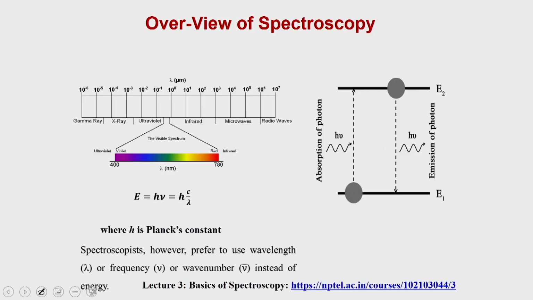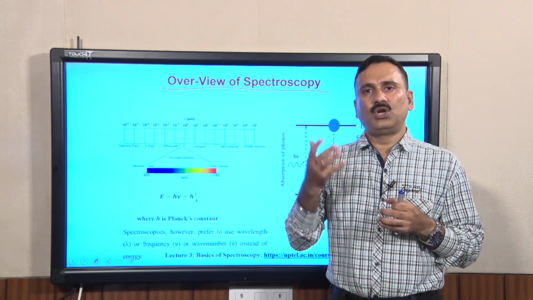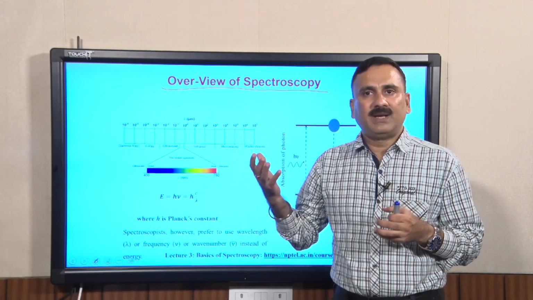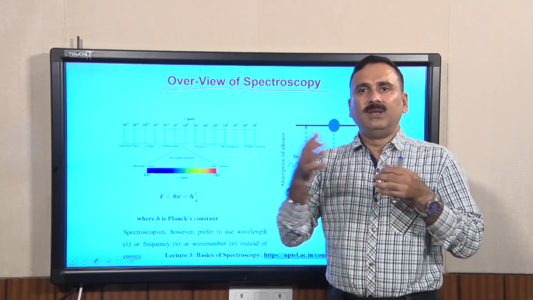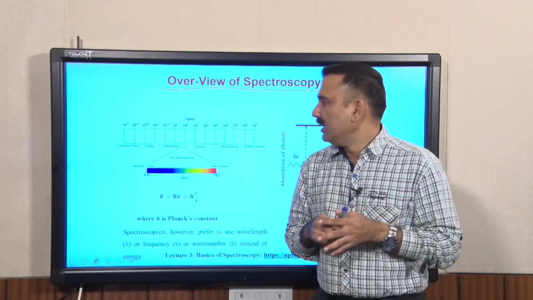And when we talk about these spectral studies, we first have to understand spectroscopy. What is the basic understanding of spectroscopy? Spectroscopy means the study of the interaction of electromagnetic radiation with matter. So, what is electromagnetic radiation?